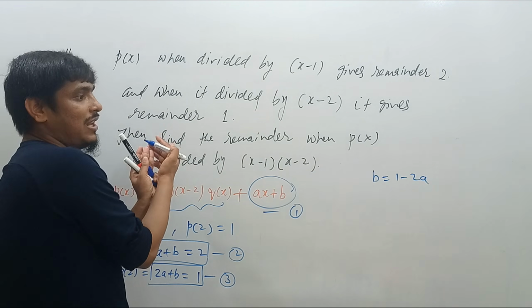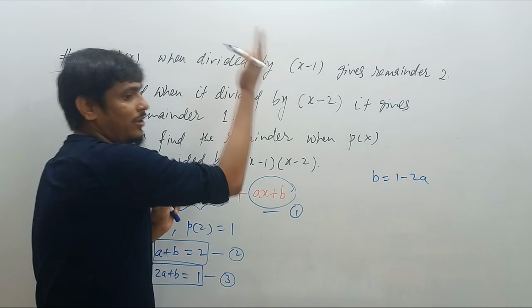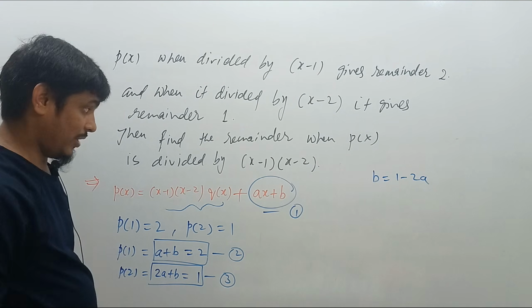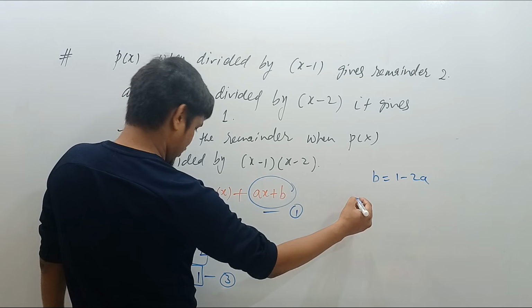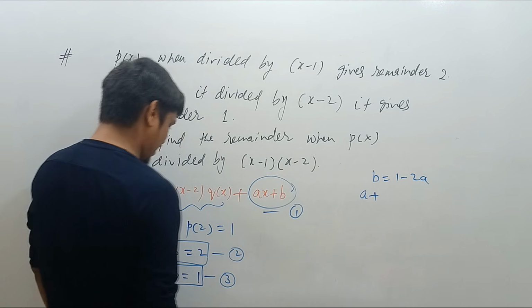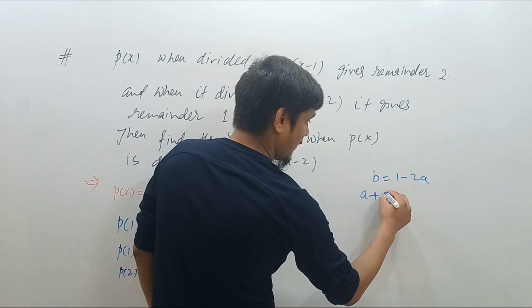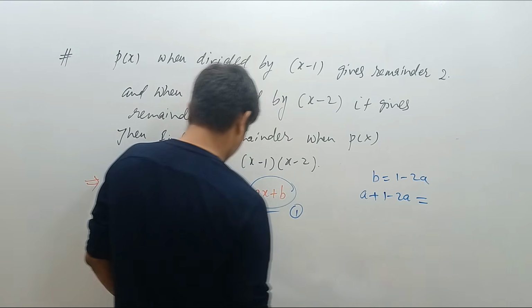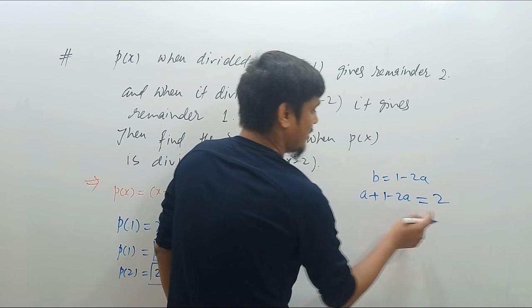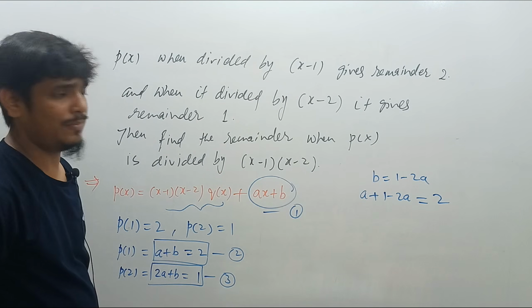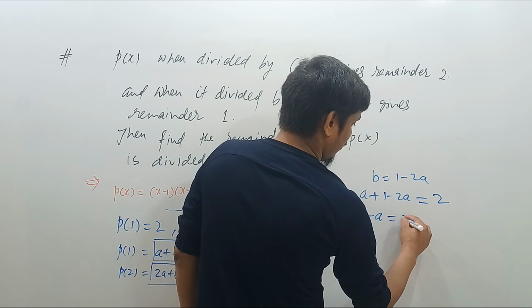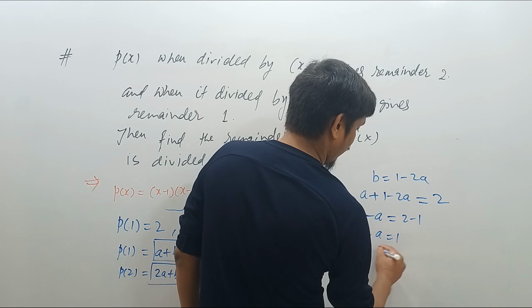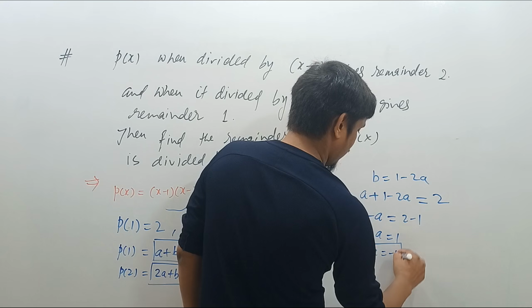Anything that is plus on the left goes to minus on the right when transposed. Now substitute this value of b in the second equation: a plus (1 minus 2a) is equal to 2. This is a linear equation in one variable. Simplifying, a minus 2a is minus a, 2 goes to the right, so 2 minus 1, so minus a is equal to 1, which means a is equal to minus 1.